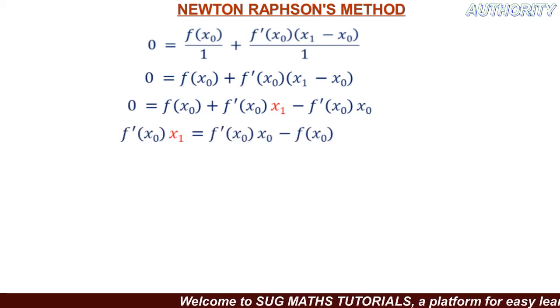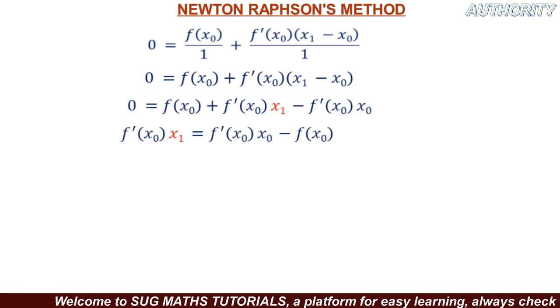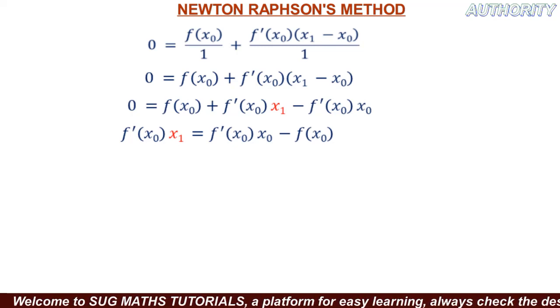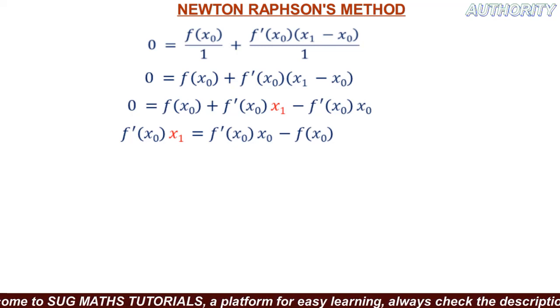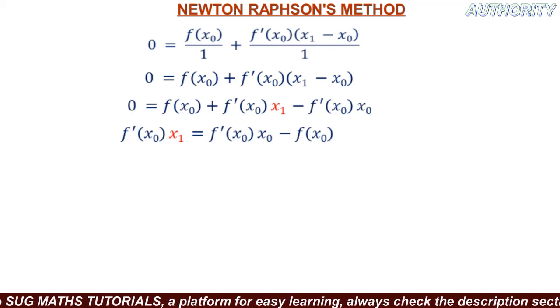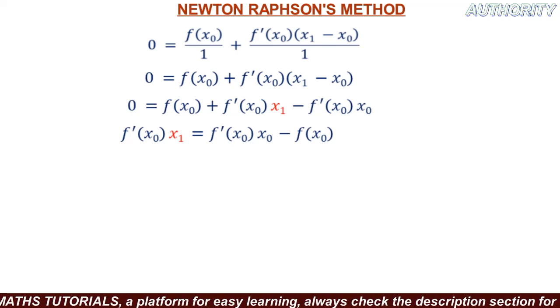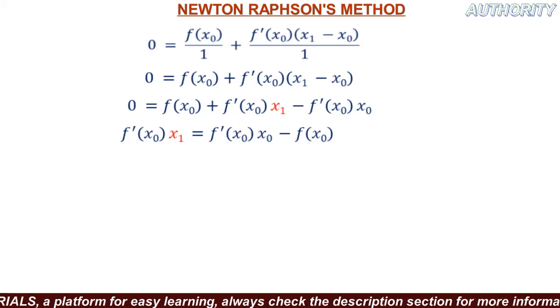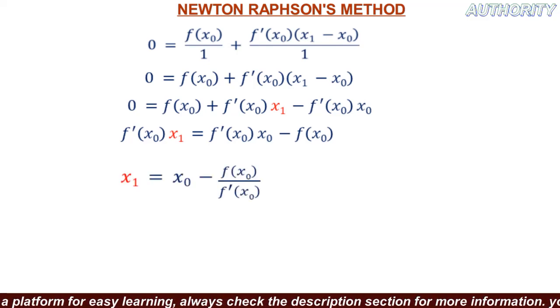We are going to have f prime of x naught times x1 is equal to f prime of x naught multiplied by x naught minus f of x naught. We want to make x1 the subject, so we divide both sides by f prime of x naught. We are going to have x1 is equal to x naught minus f of x naught all over f prime of x naught.